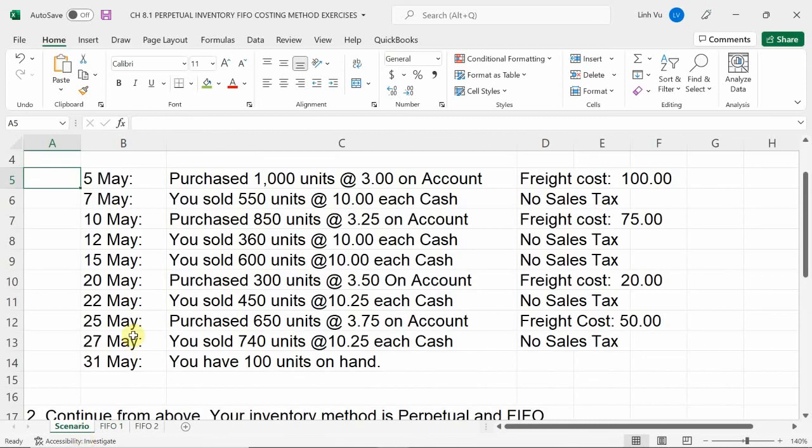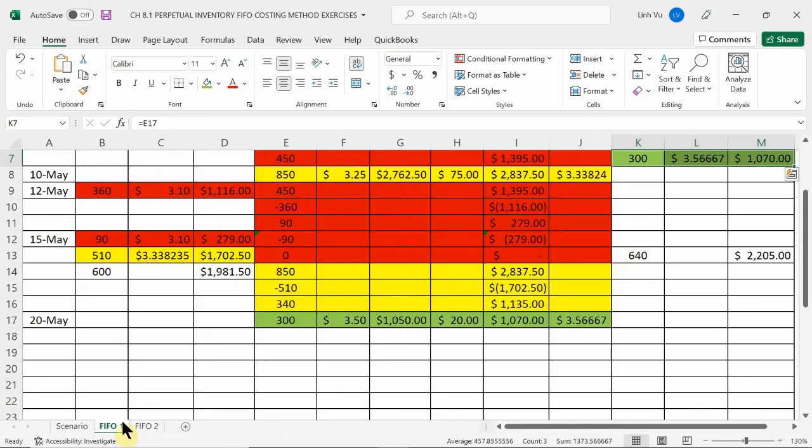May 22nd rolls around. Right? We end up selling 450 units. Okay, so in this case, we definitely have enough to sell 450 units on May 22nd. Now let's take a look at our batch of inventory.